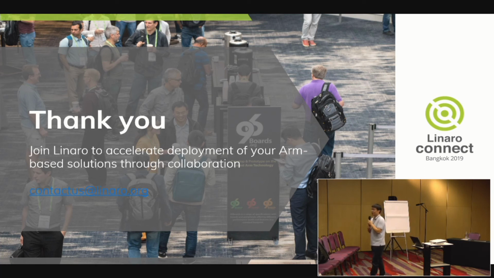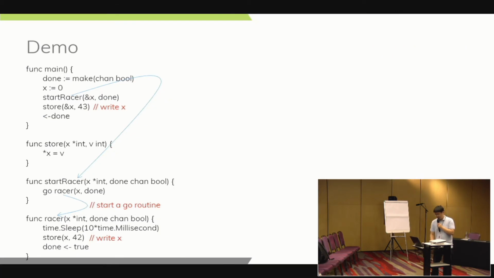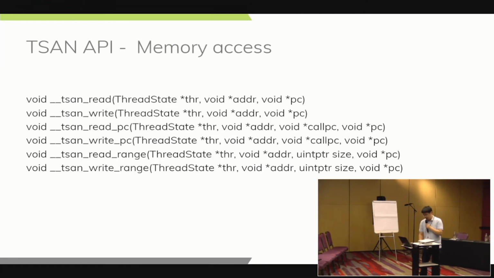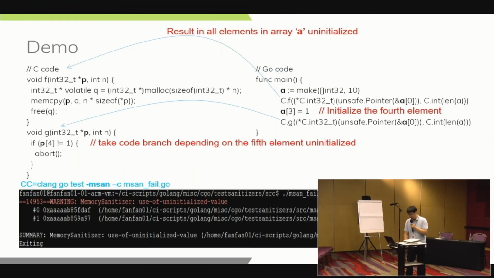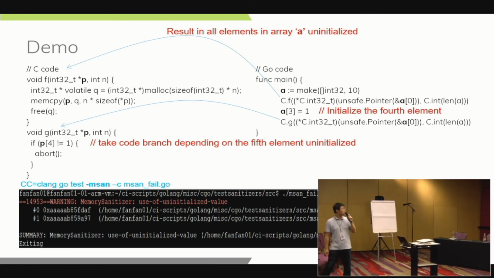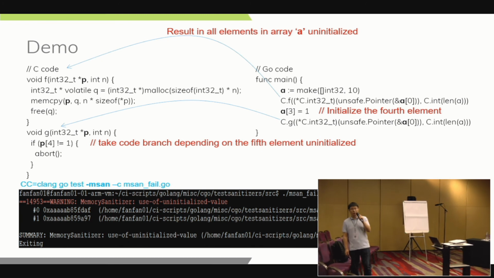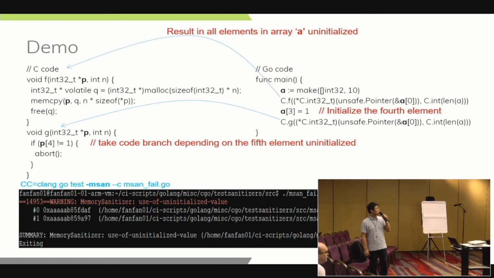Could you go back to your first example for MSan? Yeah, this one. It was not clear to me when you call the Go make int 3210, the memory will be initialized? Yes, zero based. Go will always commit the memory as initialized. So it's basically a map with a memset or something similar inside Go, right? Yes.